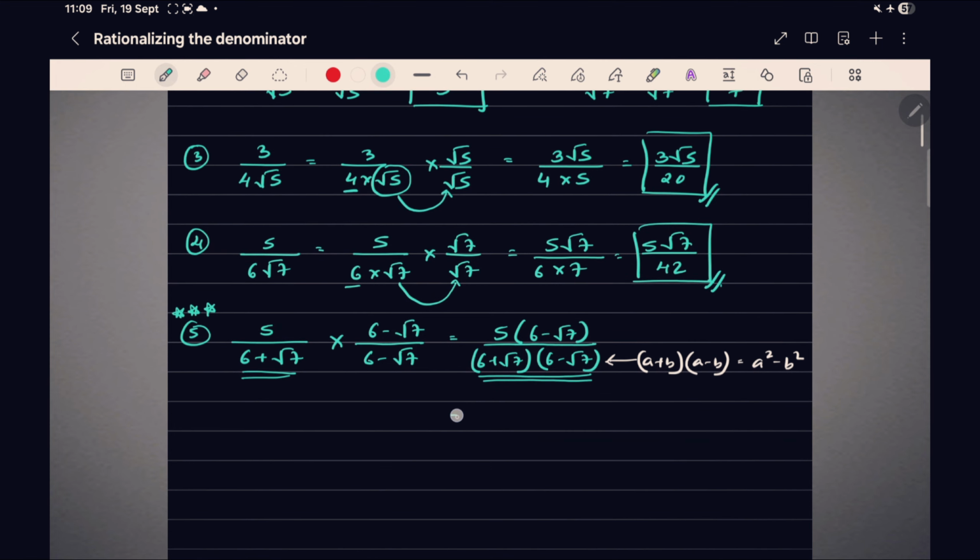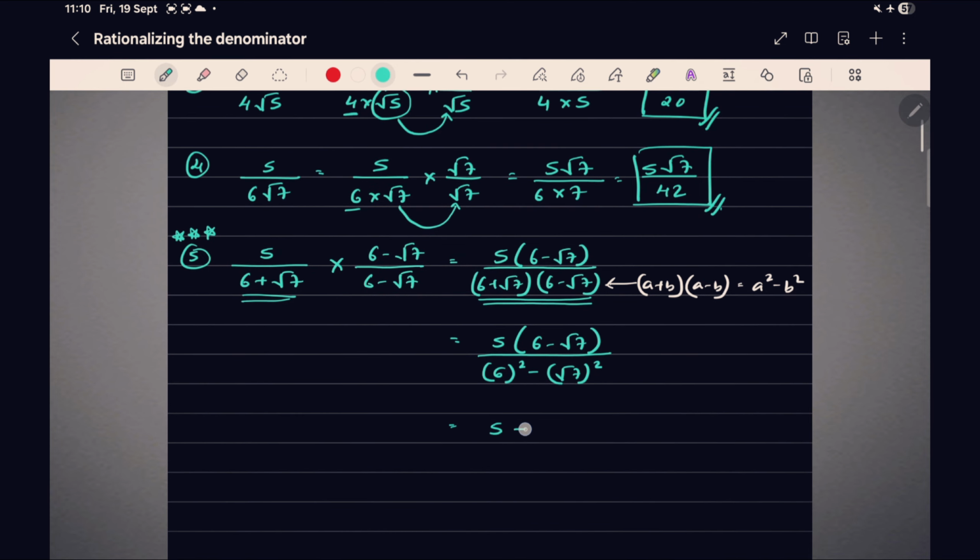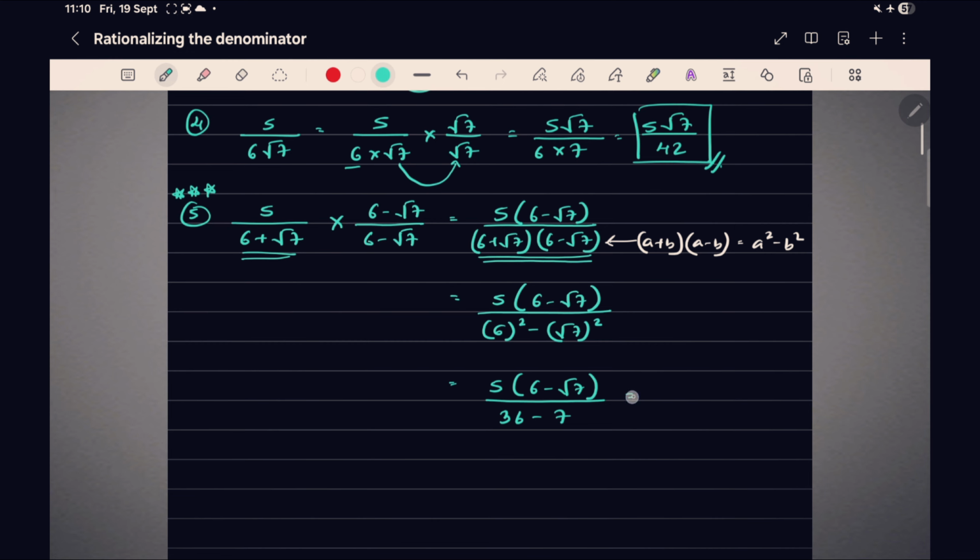Okay, so now I'm going to write that as 5 bracket 6 minus root 7. The numerator stays as it is. The denominator में 6 is acting like a, so I'm going to write as 6 square minus root 7 the whole square. So that becomes 5 into 6 minus root 7 upon 36 minus 7, which gives me answer as 30 minus 5 root 7.